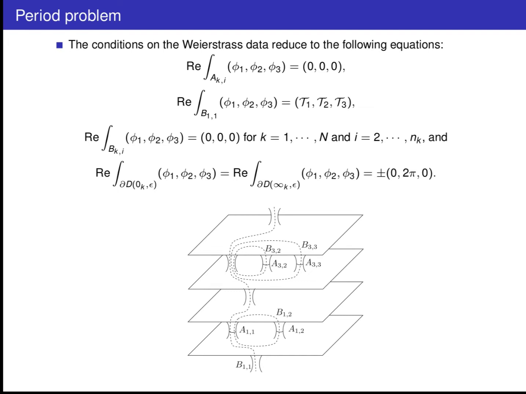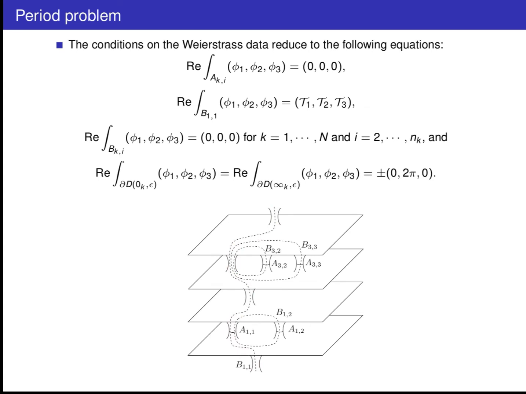So here's our kind of prototype surface. I have these around each of my catenoid necks. I've got a cycle; these are labeled A_ki. And then I have some other periods: this B12 cycle, this B32, this B33, and then I've got one corresponding to our non-horizontal period on here, this B11 cycle.